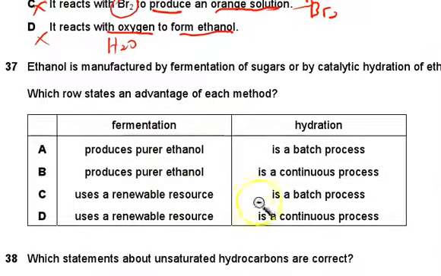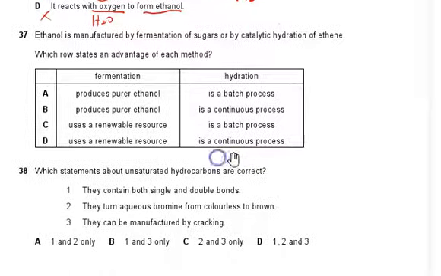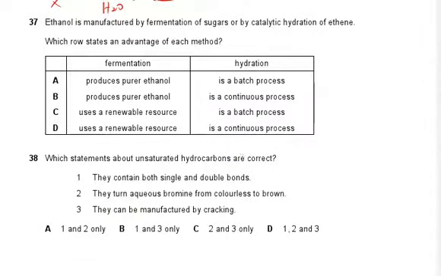Okay, number 37. Ethanol is manufactured by fermentation of sugar and by catalytic hydration of ethene. So, which row states an advantage of each method? So, fermentation is much slower.